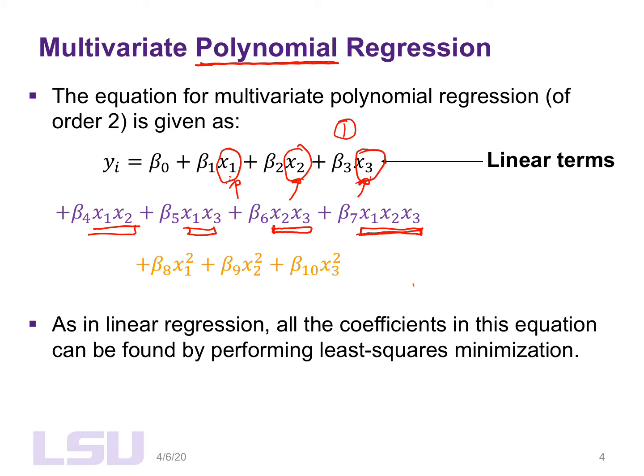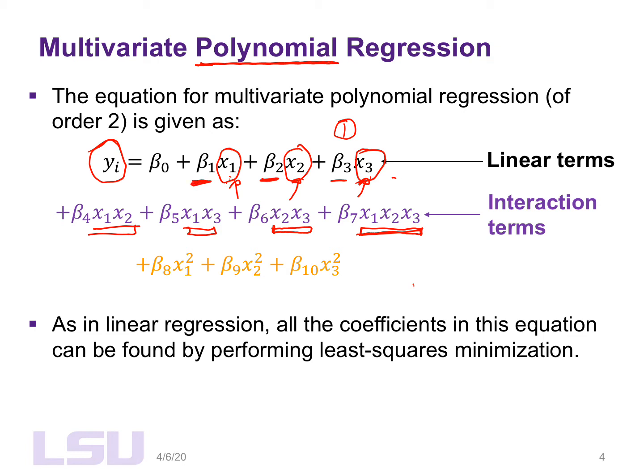You could have x2 times x3. That's 1, 2, 3. And finally, you could have the product of all three. So those are all possible interaction terms. The independent variables are interacting, and their interaction still affects the dependent or response variable. And again, the coefficients still do the same thing.